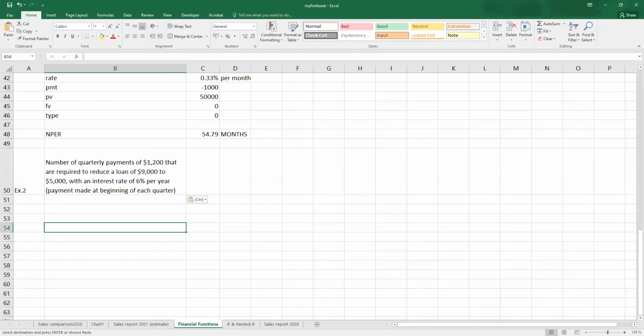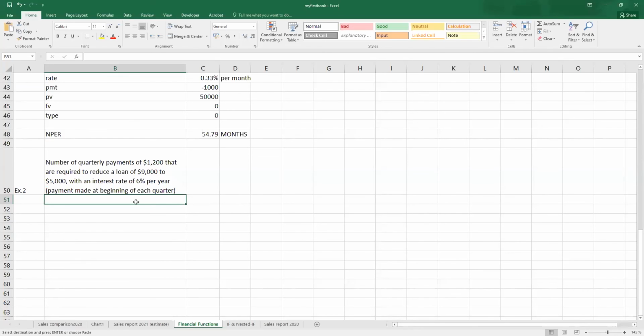Time's up. In this example, Tanyathorn gave us the answer already: it's 11.9 quarters or 12 quarters. Let's analyze this problem.